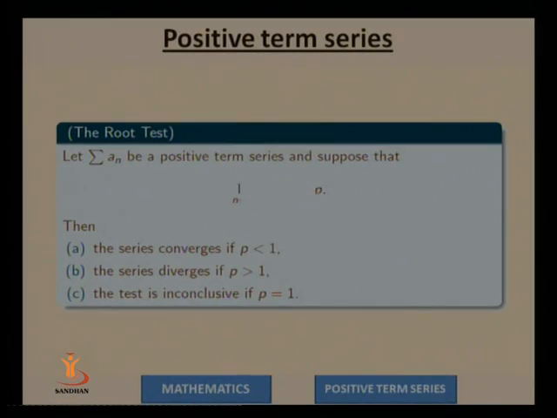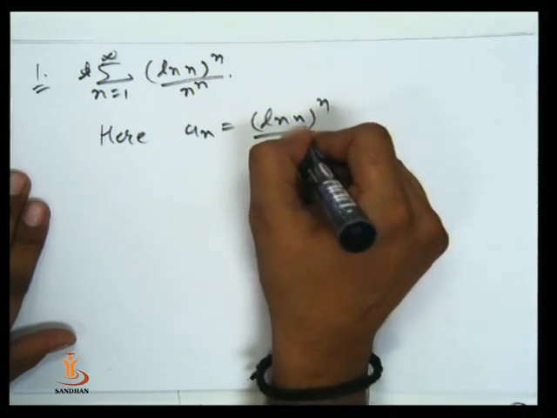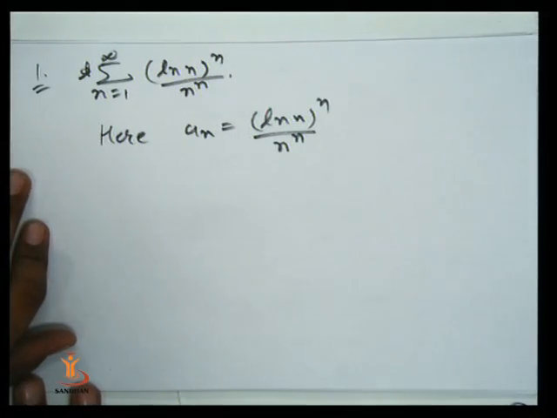Now let us take one example for the root test. The first example is summation n equals 1 to infinity of (ln n)^n upon n^n. So here a_n is equal to (ln n)^n upon n^n, right?